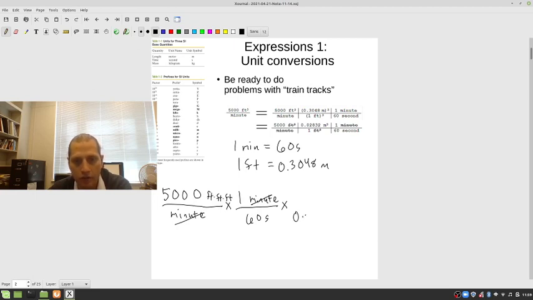So 1 foot is 0.3048 meters. That cancels out one of the feet, but if I want to cancel out all 3 of those, I need to cube this. So that's this thing times this thing times this thing, which gives me feet times feet times feet, cancels all those out, and we get meters cubed on the top and seconds on the bottom.